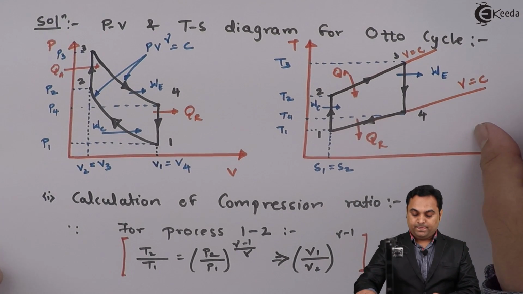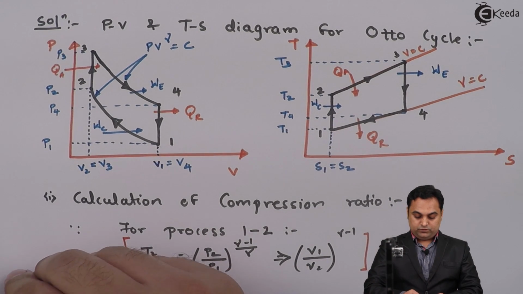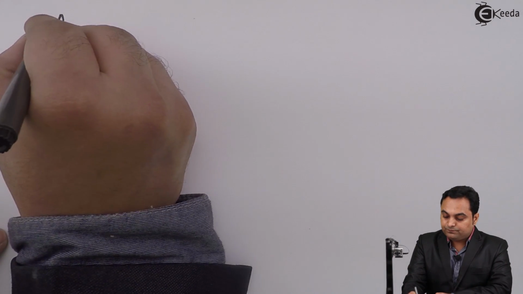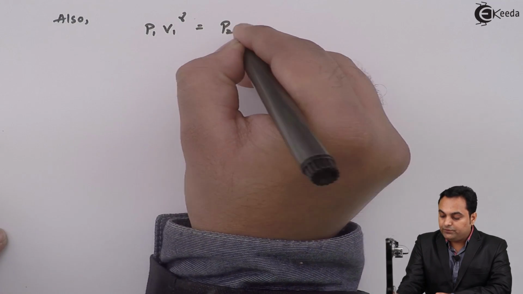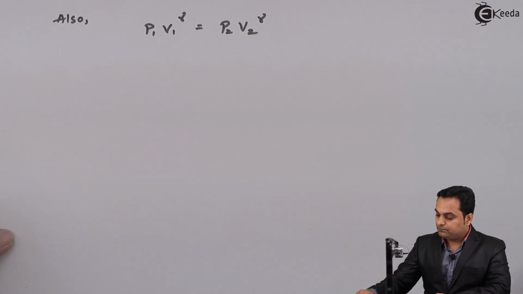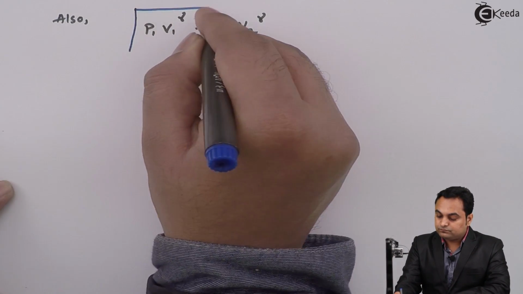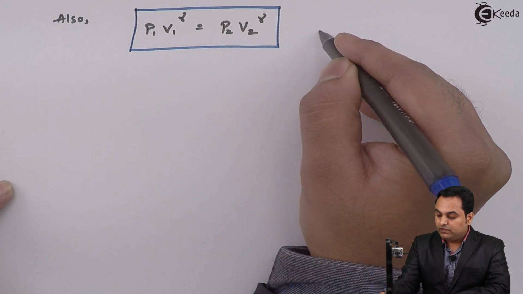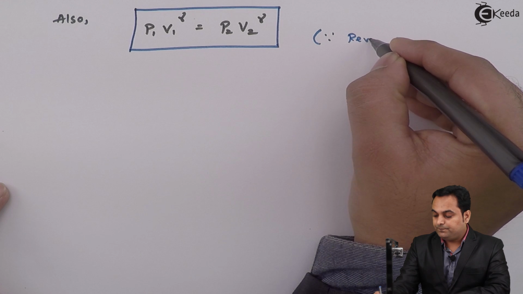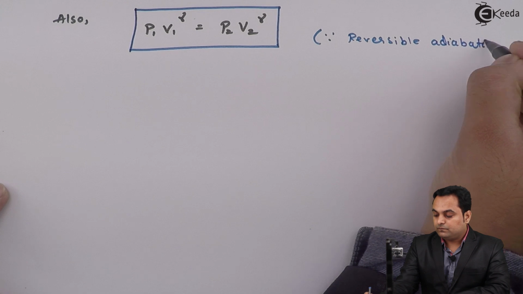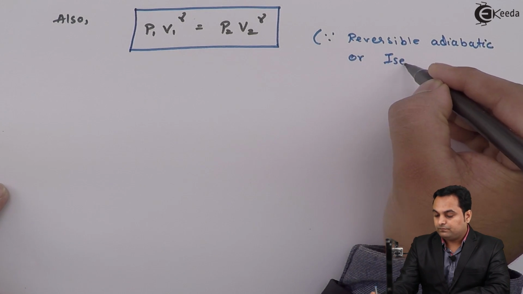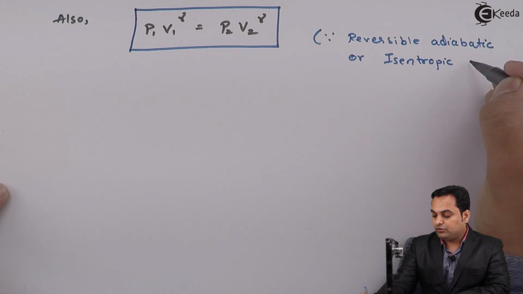So I'll write down that during process 1 to 2, it can also be written as P1 V1 raised to gamma is equal to P2 V2 raised to gamma, since it is a reversible adiabatic or isentropic process.